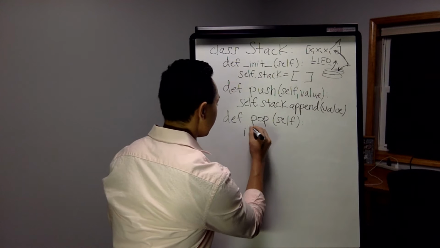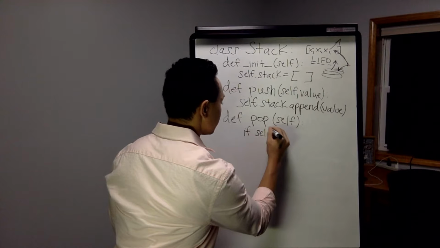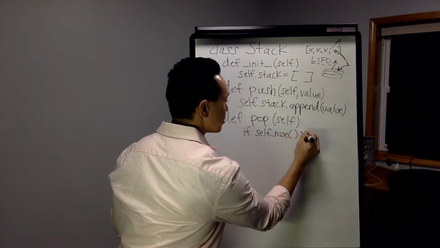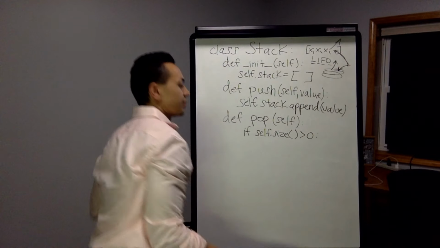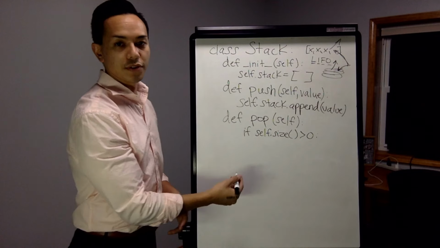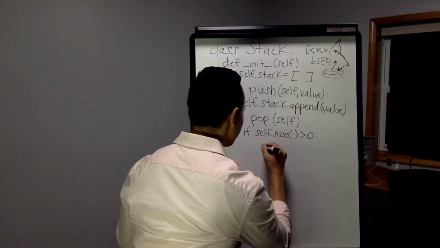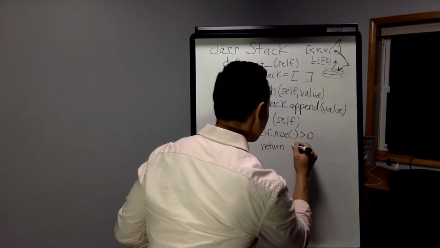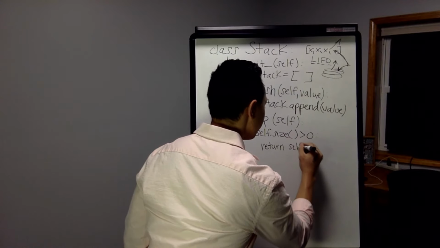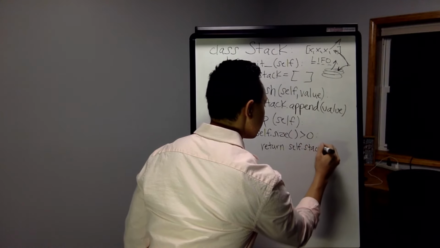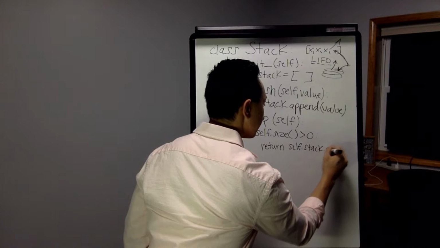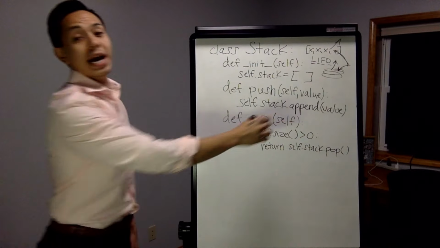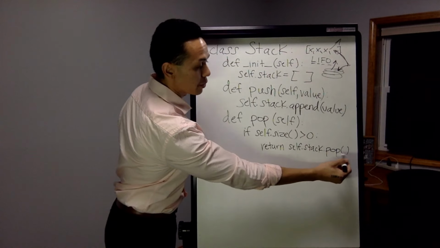So we're going to say if self.size is greater than 0. So if the stack isn't empty, we'll do the following. So we're just going to return self.stack.pop, and we won't pass a value inside of that built-in pop method.